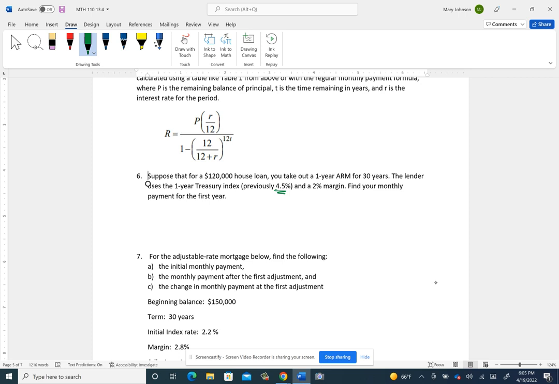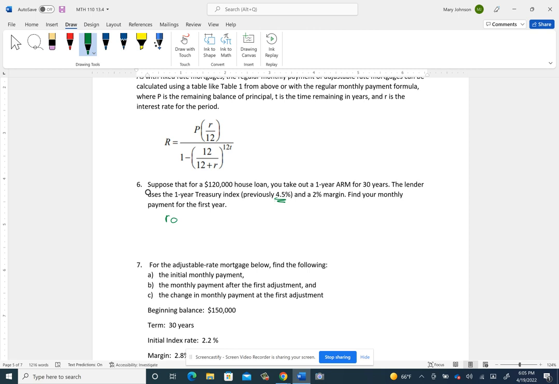So you start out just like you did before. The difference is that you need the overall interest rate. So you're going to take the 4.5% and add the margin to it to get your interest rate.